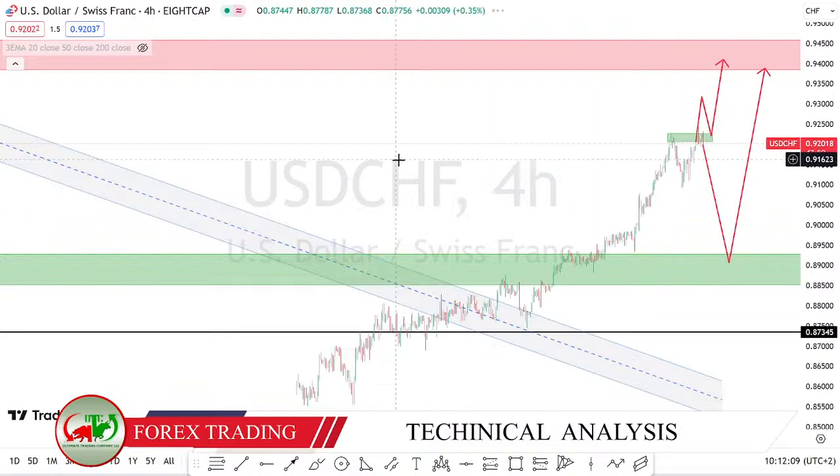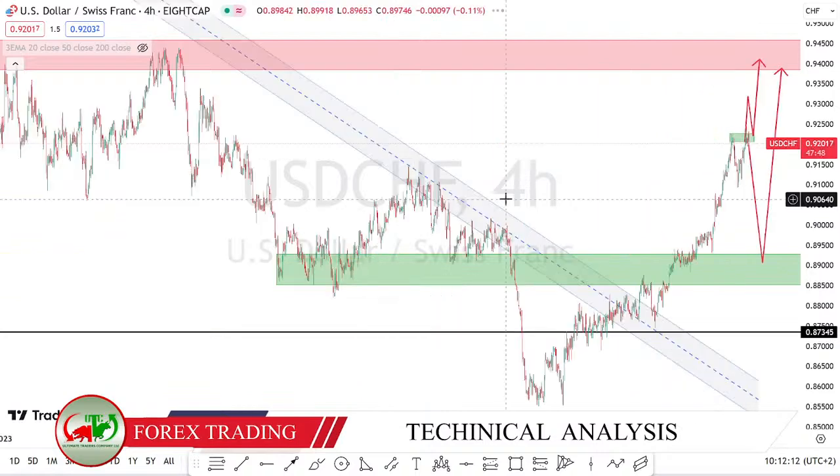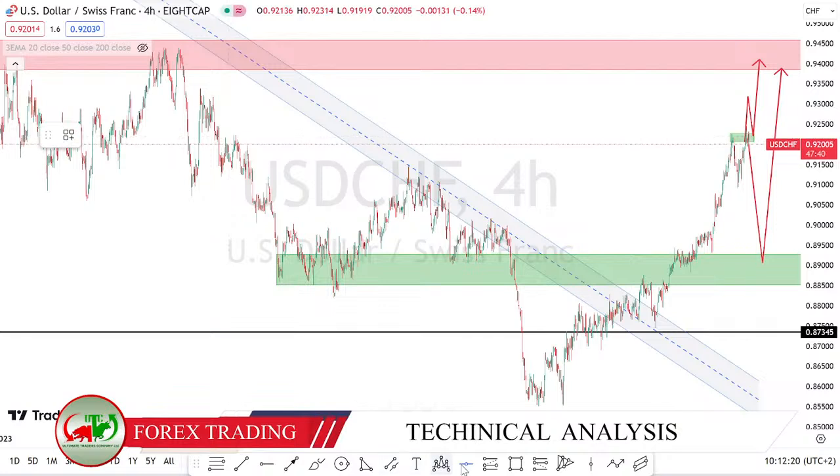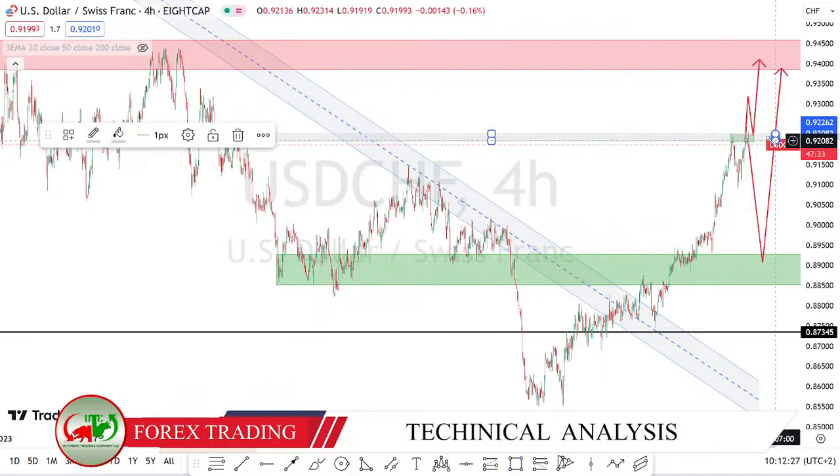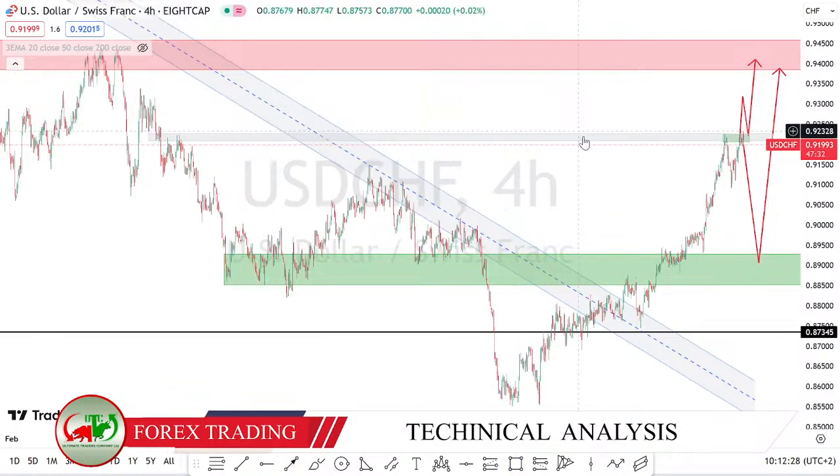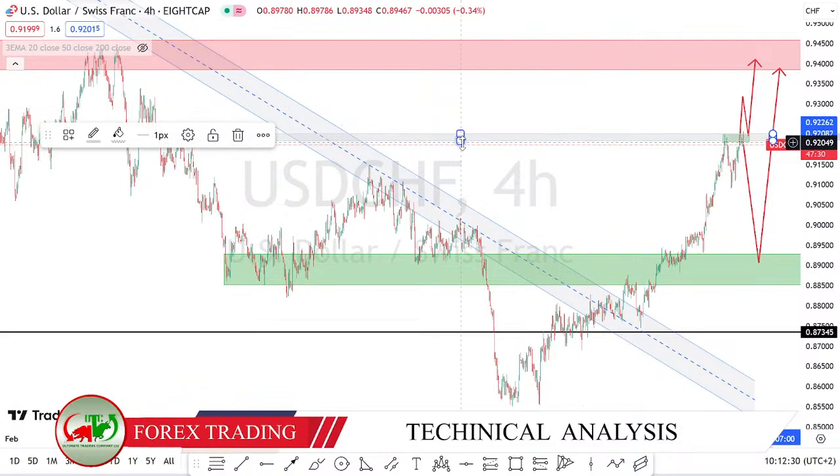Therefore, we do have an area of value in this zone, but if you are not an advanced trader, I will not advise you to trade this counter trade, because it is very, very difficult to trade.